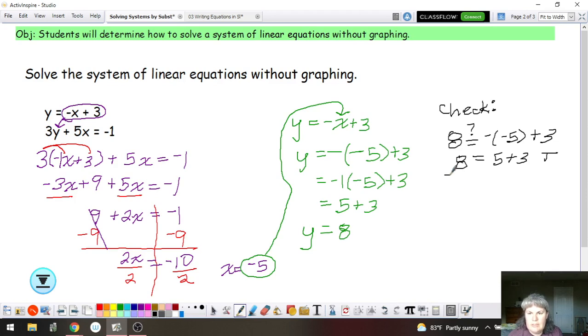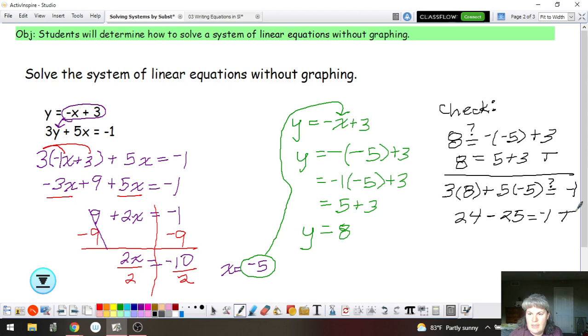Let's check it with the next equation. Does 3 times 8, replacing the y with 8, plus 5 times negative 5 equal negative 1? 3 times 8 is 24. 5 times negative 5 is negative 25. Does 24 minus 25 equal negative 1? Yes, it does. That is also true.